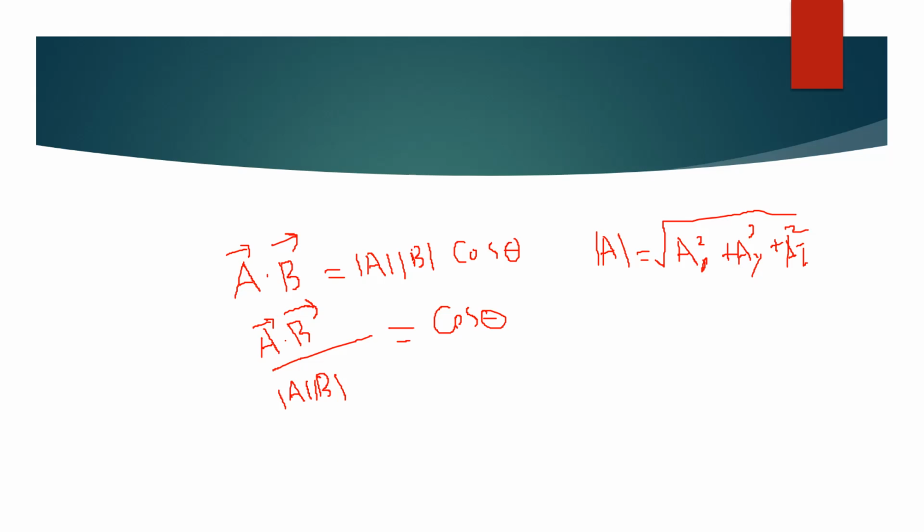Similarly, we can find out the magnitude of B. Vector B's magnitude will be again like this, by squaring and adding all the three axes and taking the root of it. So it will be Bx square plus By square plus Bz square.